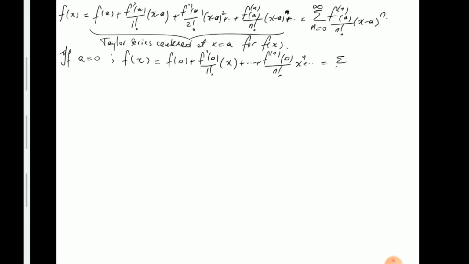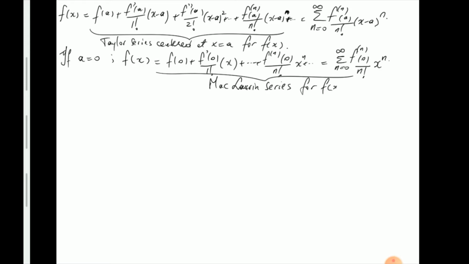So the MacLaurin series is just a Taylor series centered at the origin, at 0. Many tables will give you the MacLaurin series for f of x, and of course, together with a radius of convergence. We'll talk about that in a minute.